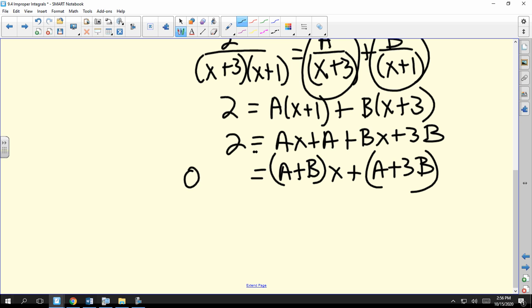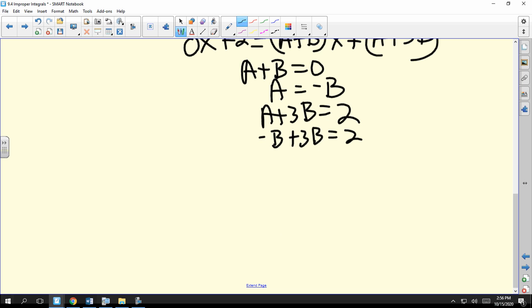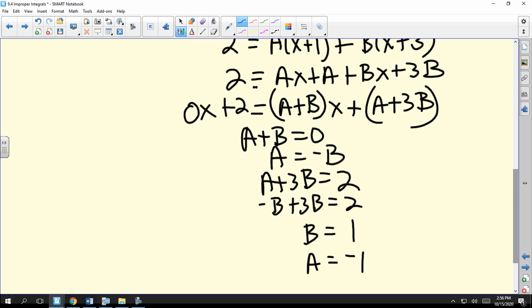Clearly over here, 0 is the coefficient of x and 2 is our constant, so a plus b has to equal 0, a equals negative b, and a plus 3b has to equal 2. By substitution, negative b plus 3b equals 2, therefore b equals 1. b equals 1, a equals negative 1, and we are set to go ahead and rewrite this thing before we integrate it.